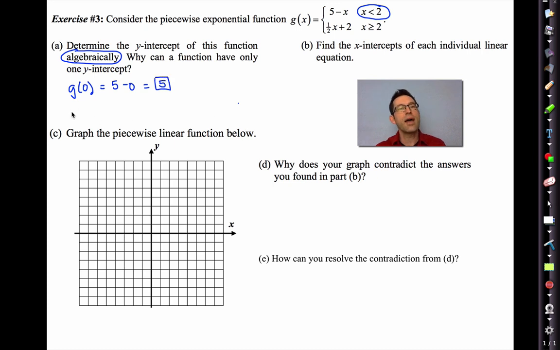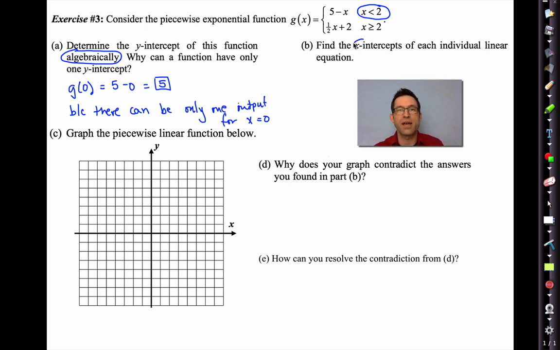Okay, and it can have only one because there can be only one output for x equals 0.